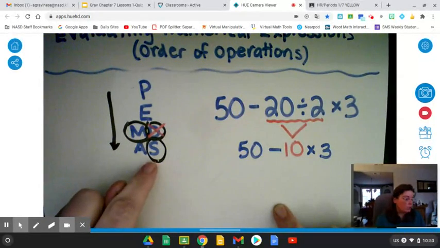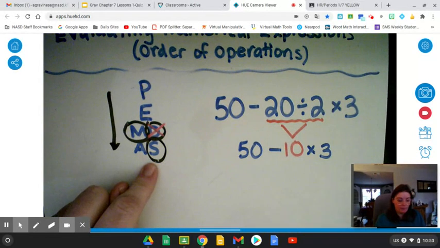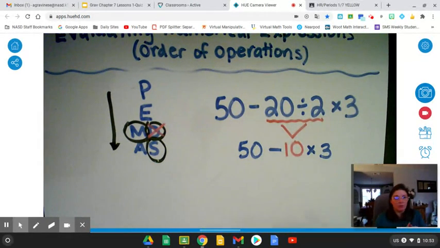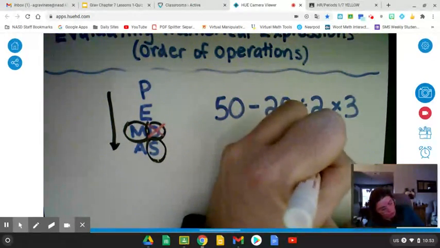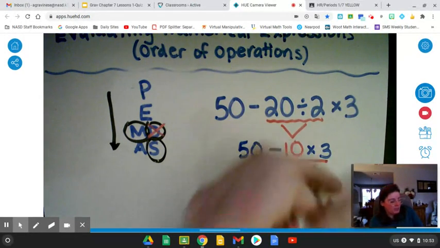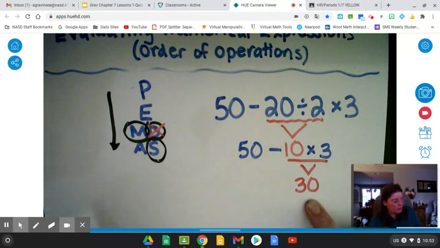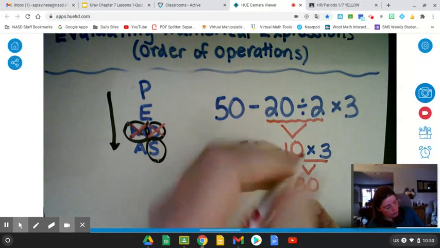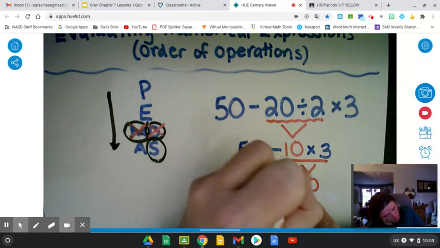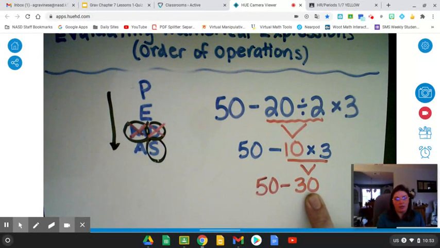Remember, subtraction will be my very last step. So let's multiply 10 times 3. And 10 times 3 is 30. Multiplication is done. And now I can rewrite what I haven't used, 50 minus the 30 that I had.